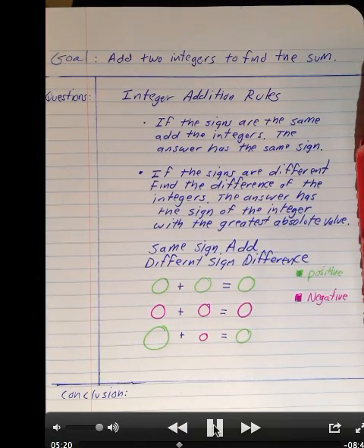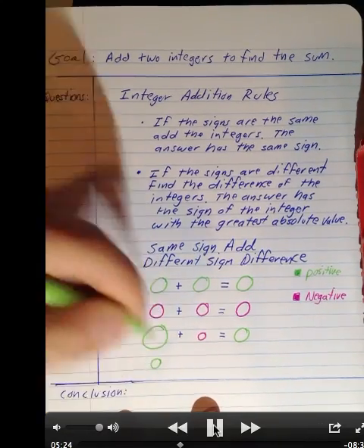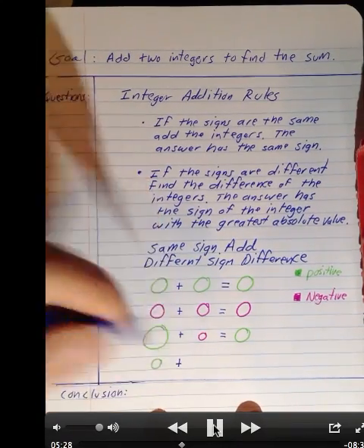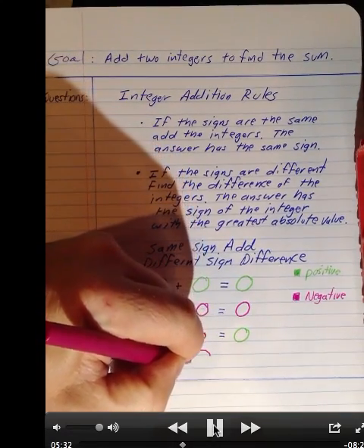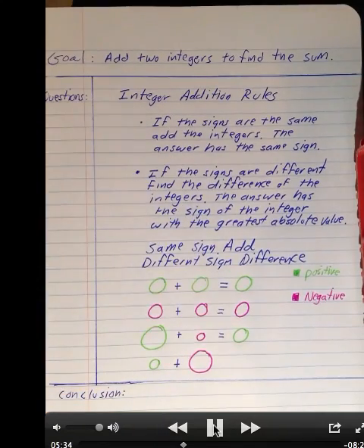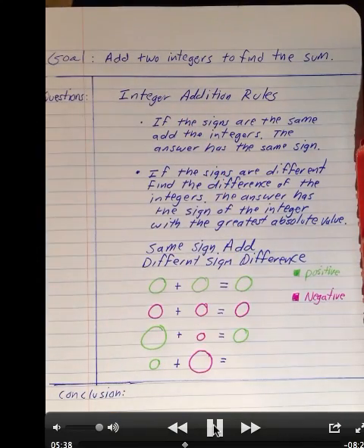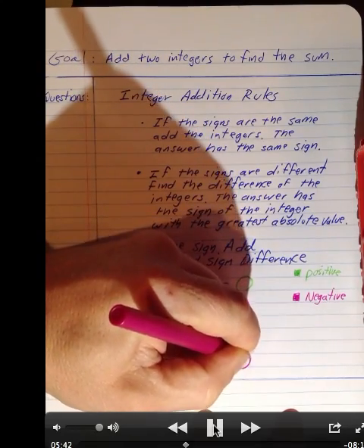If the two integers have different signs and the negative number is larger, it has a larger absolute value, it's represented by a larger red circle, bigger than the green, then the answer is going to be negative. You find the difference and make the answer negative.